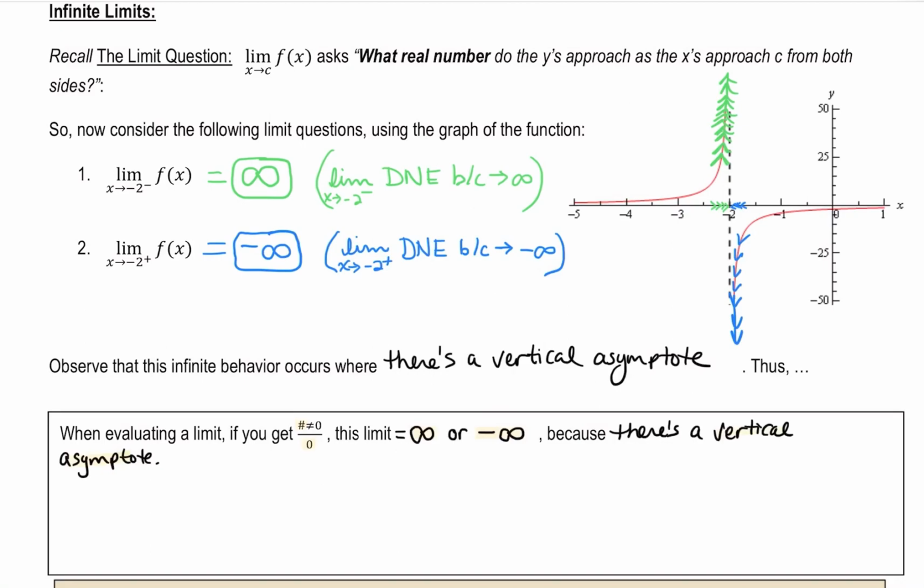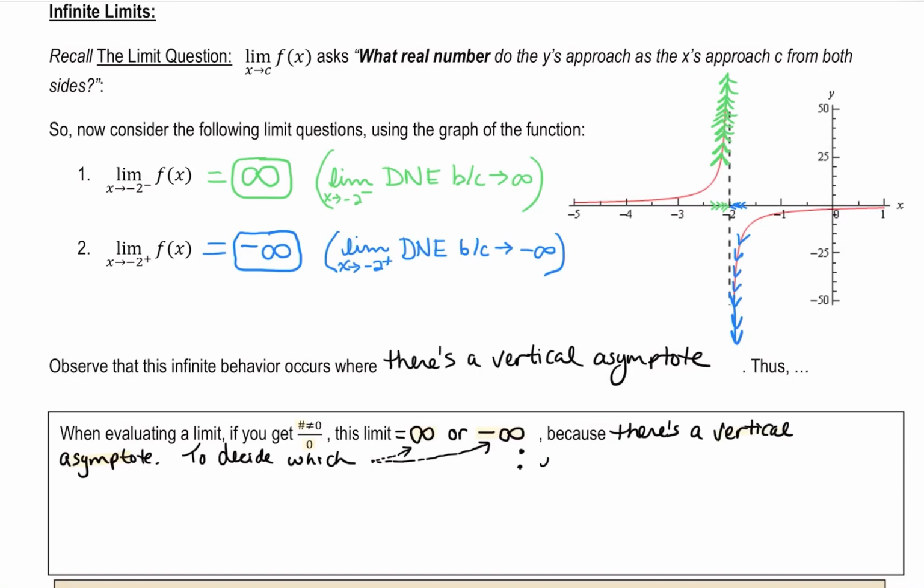Now, you're going to have to decide which, and there's a couple of different ways to do that. So in order to decide which of these it's going to, meaning is my limit going to infinity or negative infinity, there's two different options here.